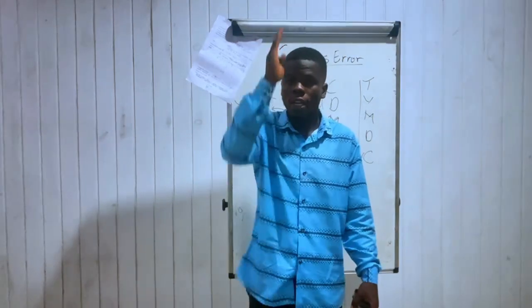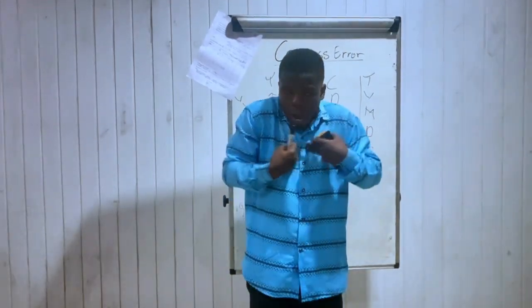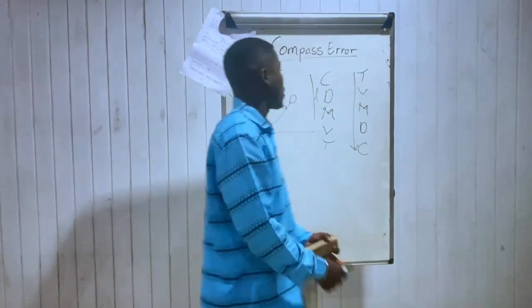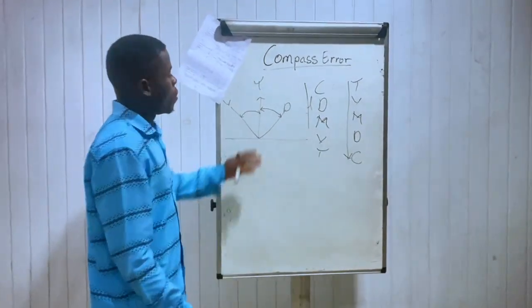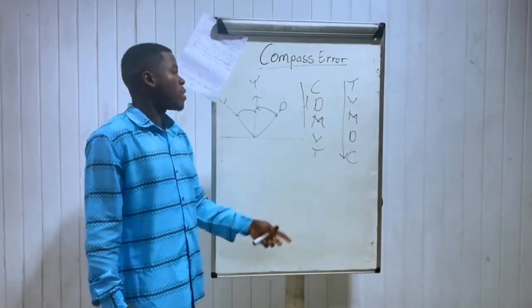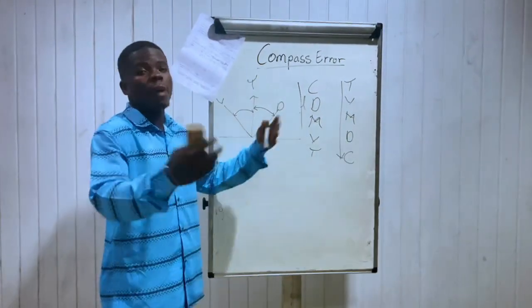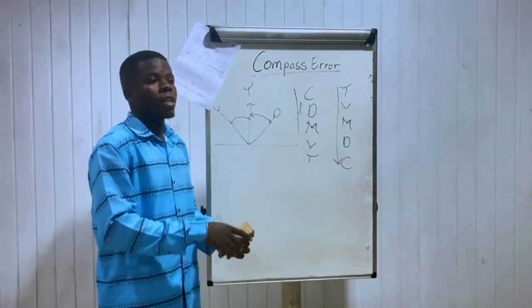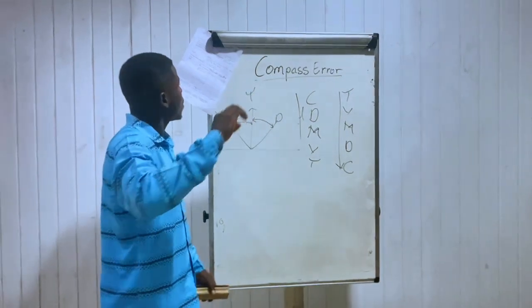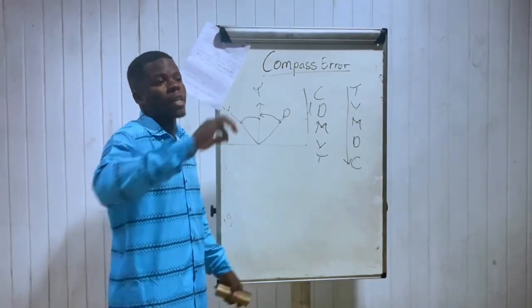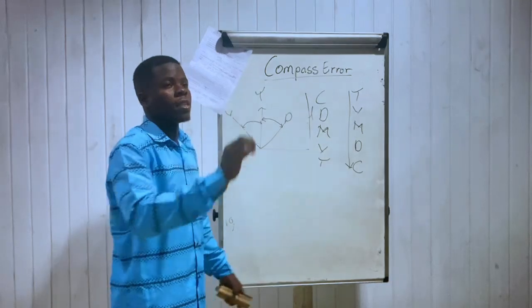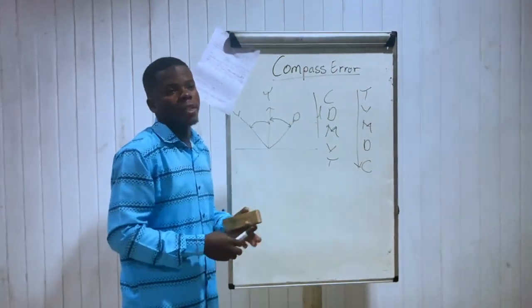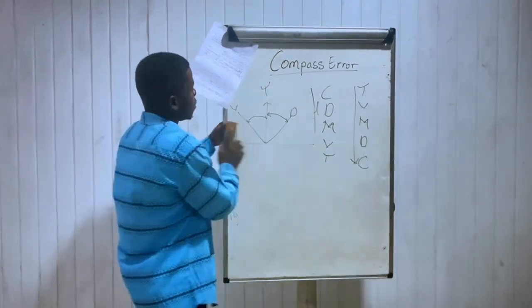So basically, we know of our compass, and as I said earlier, it has a magnetic needle that rotates and helps you to know your location.